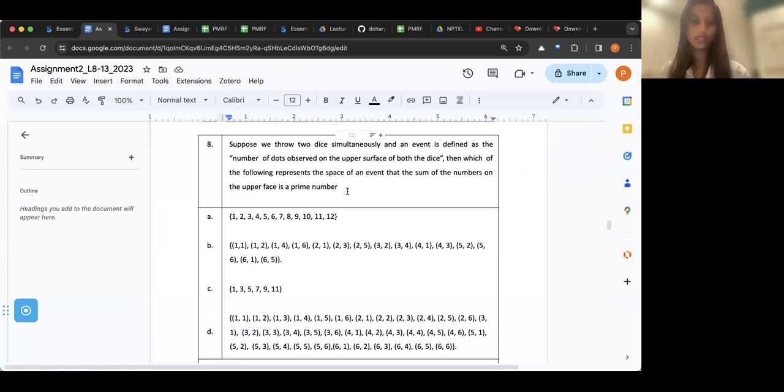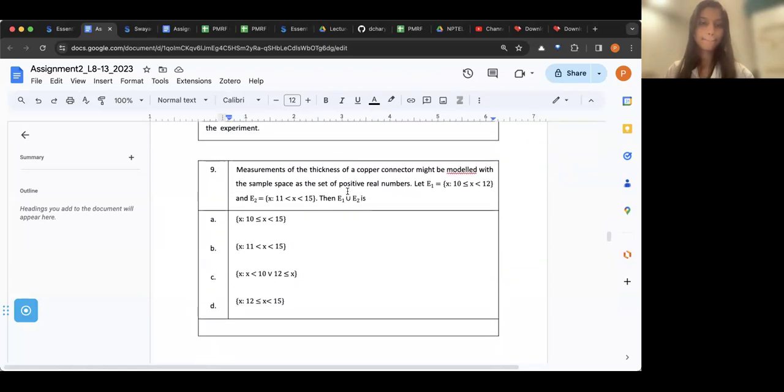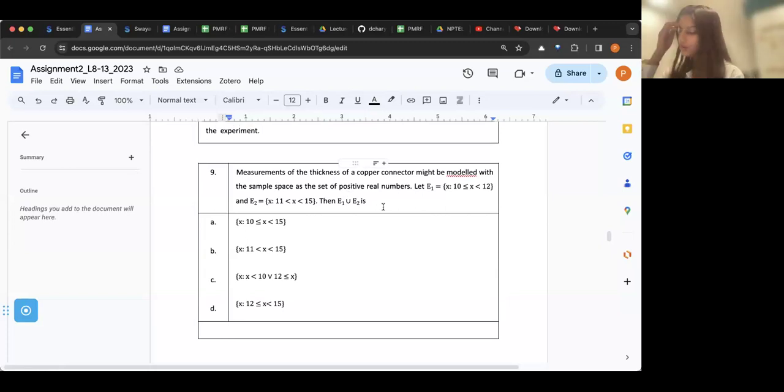Similar to the previous question. Now, this question: measurements of thickness of a copper connector might be modeled with the sample space as the set of positive real numbers.